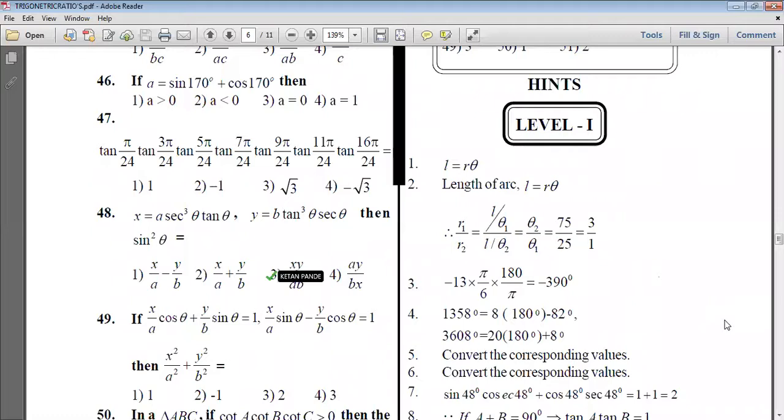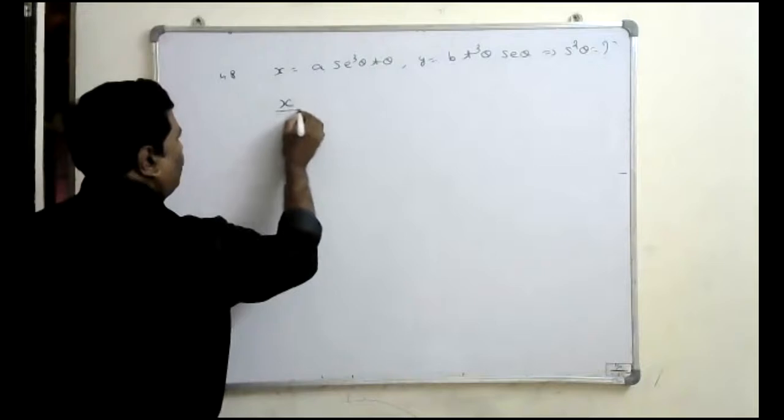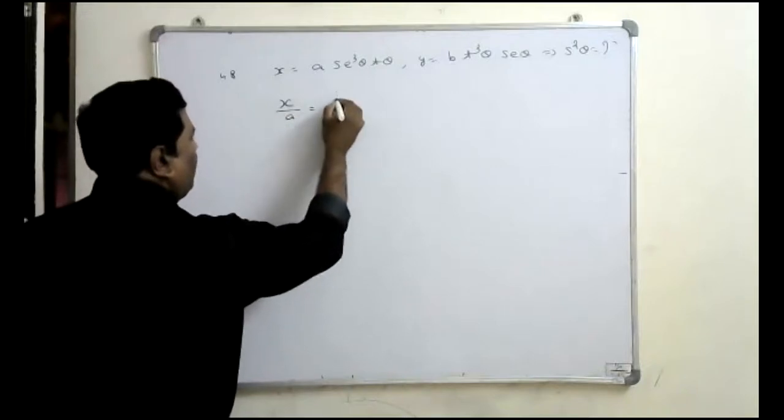Just observe these options: x by a minus y by b, x by a plus y by b, x into y by ab, etc. But directly if you add them or subtract them, you are not going to get sine square theta. That's why the answer might be the third or fourth option. So first, x by a is equal to secant cube theta.